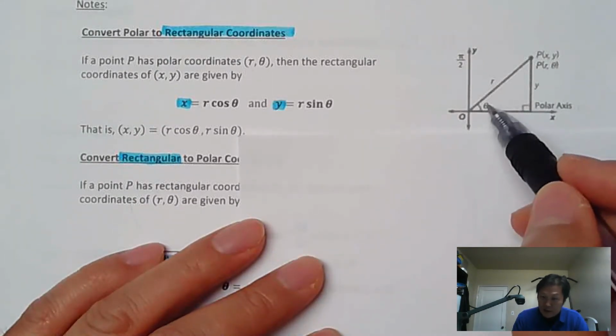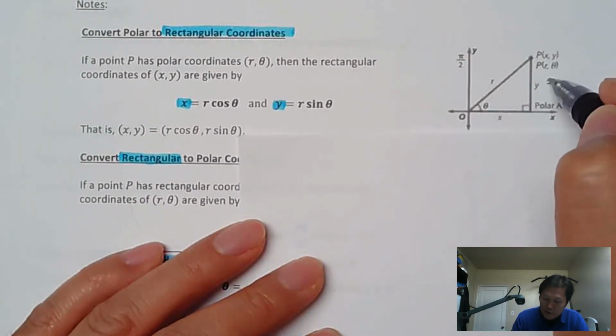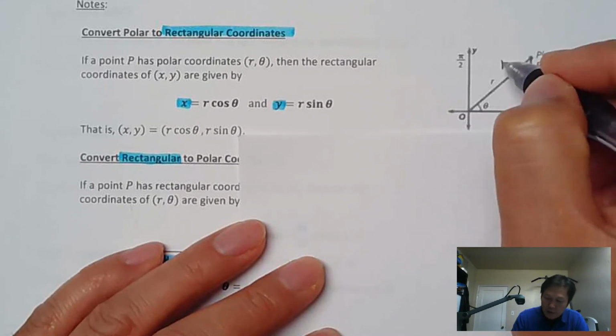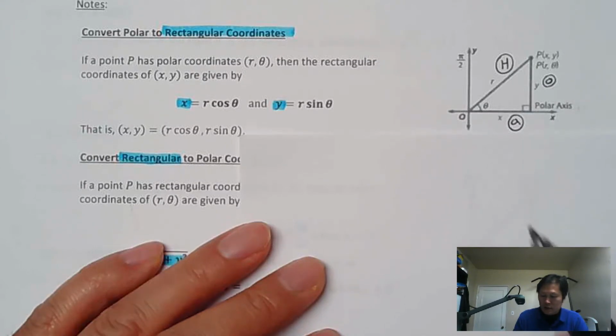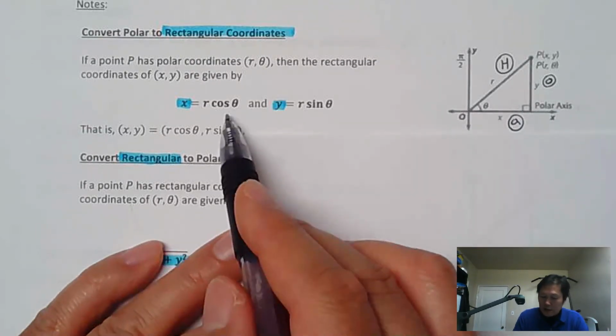Theta here is the angle of interest, so you can label the opposite here, hypotenuse here, adjacent here.